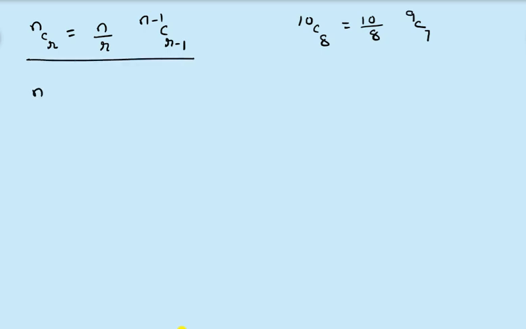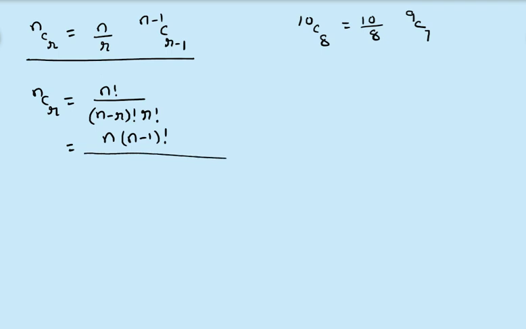Observe here, we know the formula for nCr. nCr can be written as n! divided by (n-r)! into r!. So n! can be written as n into (n-1)! divided by r!, which can be written as r into (r-1)!.